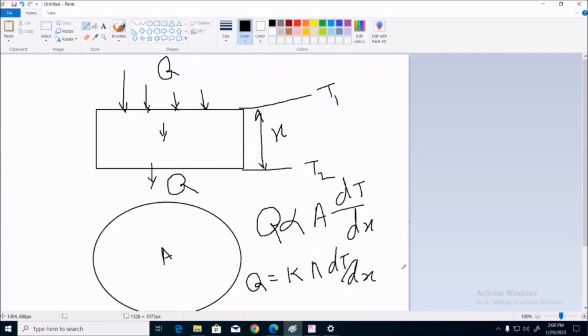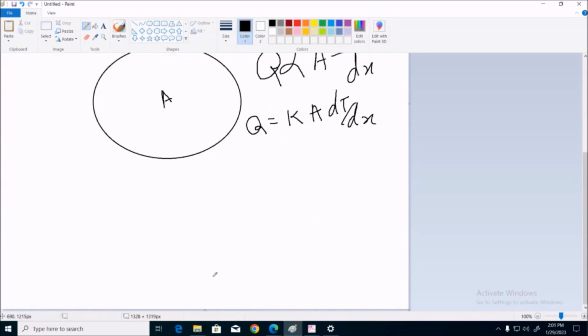This proportionality constant is called thermal conductivity. If you see the unit of thermal conductivity, the heat transfer is always in watts. The area is meter square, the temperature is degree centigrade and the length is meter. So the meter cancels with the meter square, and the unit of thermal conductivity is watt per meter degree centigrade.